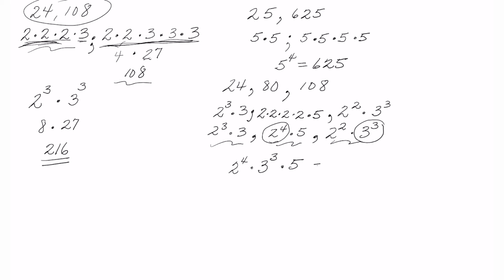2 to the fourth is 16, and 3 to the third is 27, and then times 5. So we have a little multiplication to do here. I'm going to multiply 16 times 5, and I'll get 80 times 27.